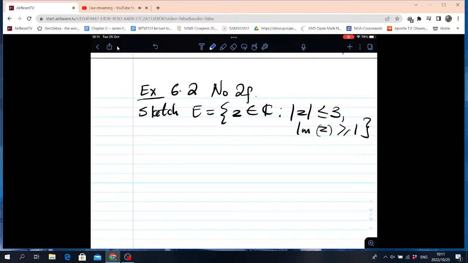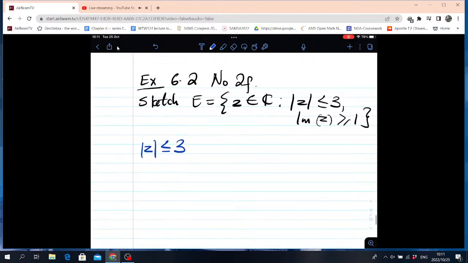And so let's break down what we have. We know that the modulus is less than or equal to 3, right? But what does this actually mean? When you're looking at this type of question, what you want is to figure out what happens when it is equal to, and then depending on the inequality, you're going to take either the outer part or the inner part of whatever you have.